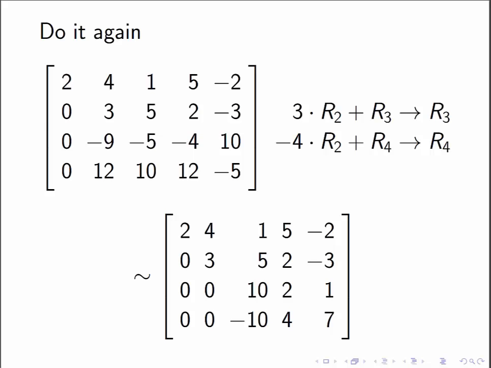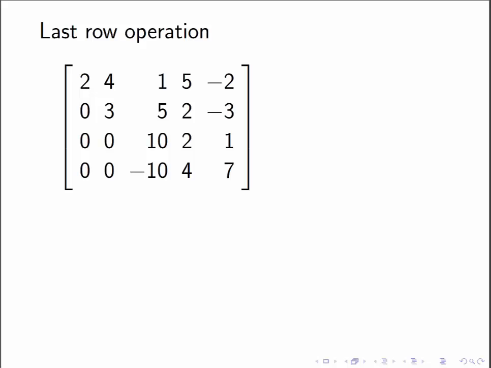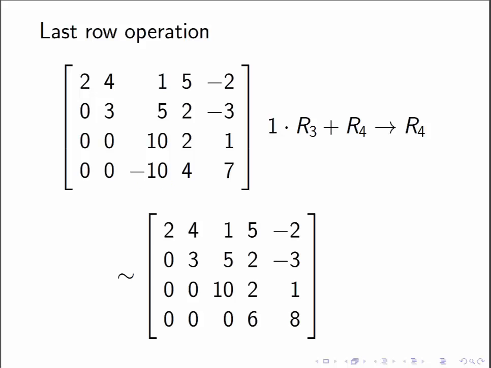And then I'll do it again. Now I've moved down to my next entry, which is a 10. I divide that into the entry below it, which will give me negative 1. And now I've created my matrix L. Lastly, I will do the row operation to make that entry where the negative 10 is a 0. And once I do that, this becomes my matrix U.